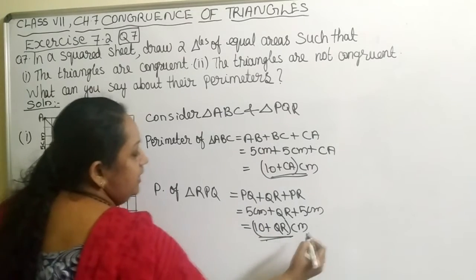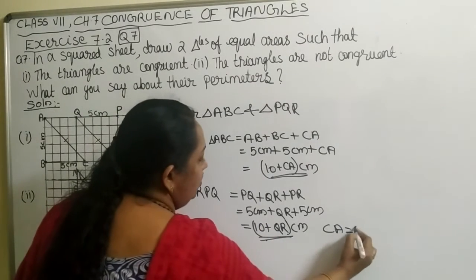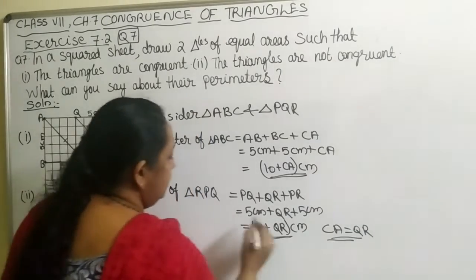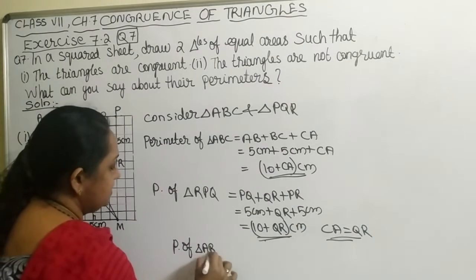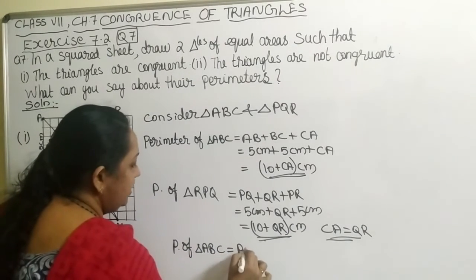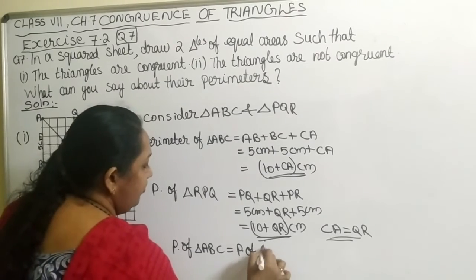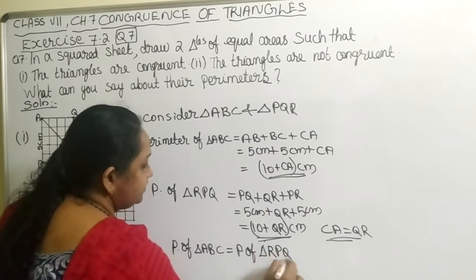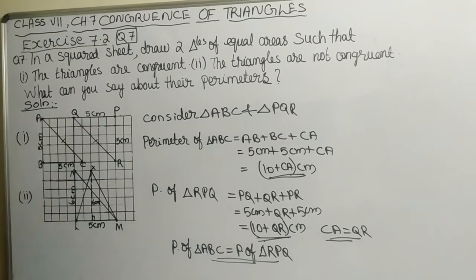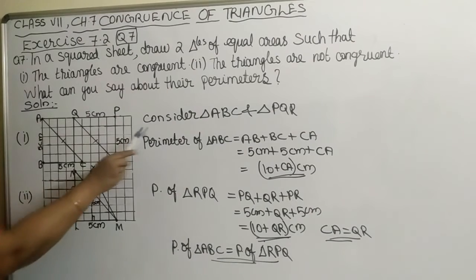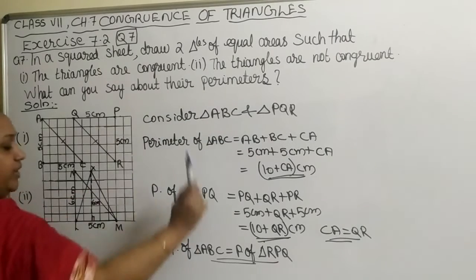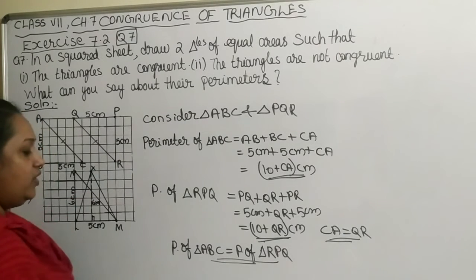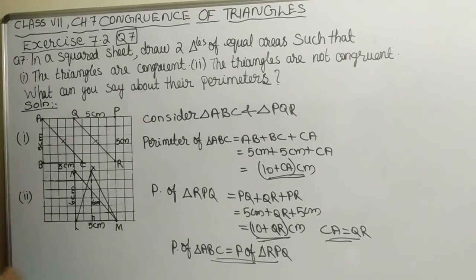And we have CA equal to QR. Therefore, perimeter of triangle ABC equals perimeter of triangle RPQ. So in the first case, for congruent triangles with equal areas, their perimeters are also equal. So we can conclude the answer this way.